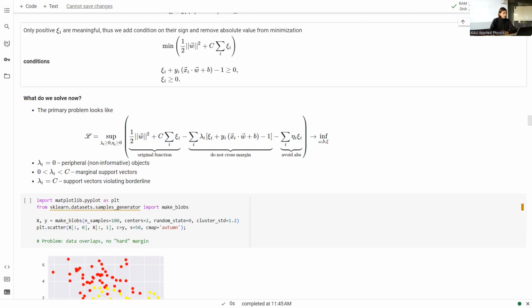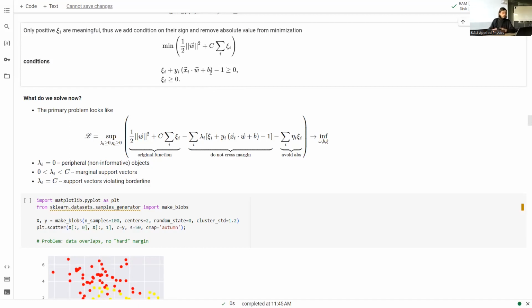And if I perform minimization of the Lagrangian, I take an infimum of that Lagrangian, what will I get? Original function? I will get the minimum of this function, but only in the region where these conditions are fulfilled. Because if this condition does not work, I get plus infinity.